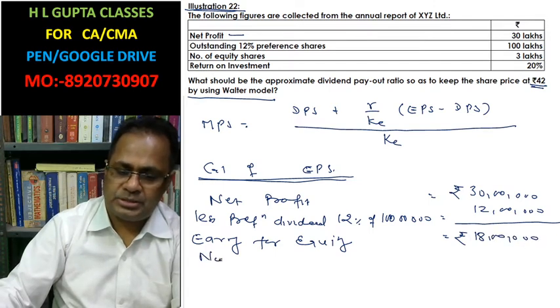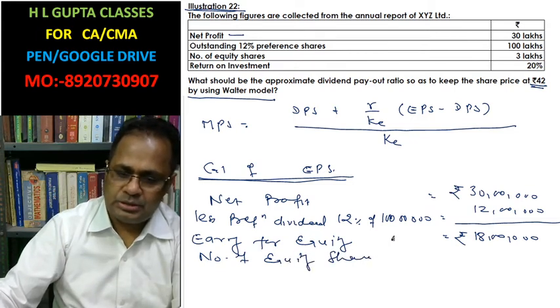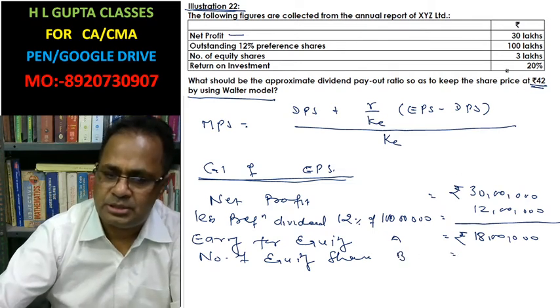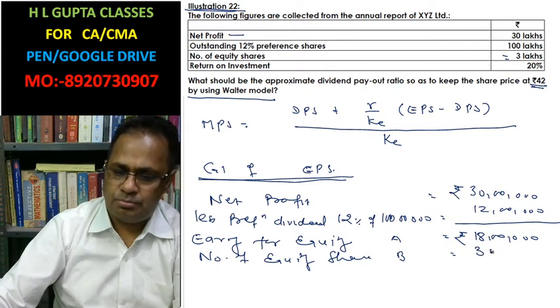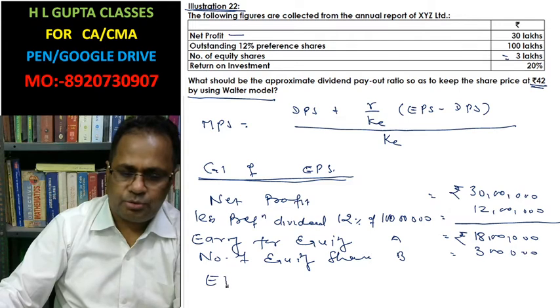Number of equity shares: suppose this is A, this is B. In the question it is given that 3 lakh is the number of equity shares. Now EPS you need to calculate.